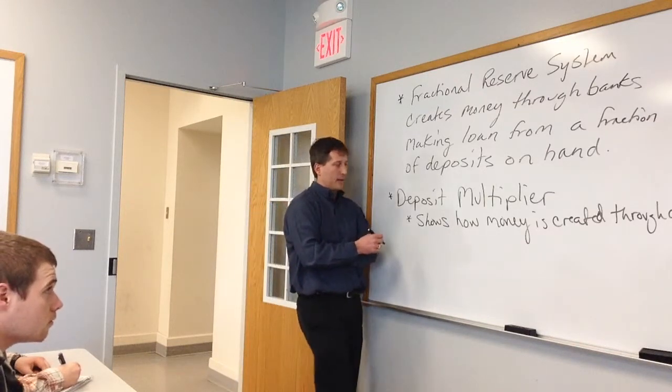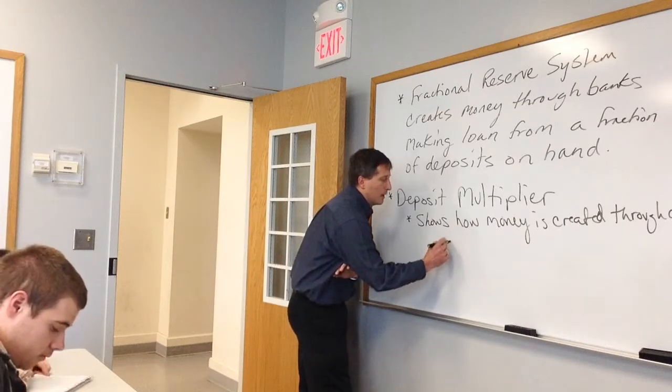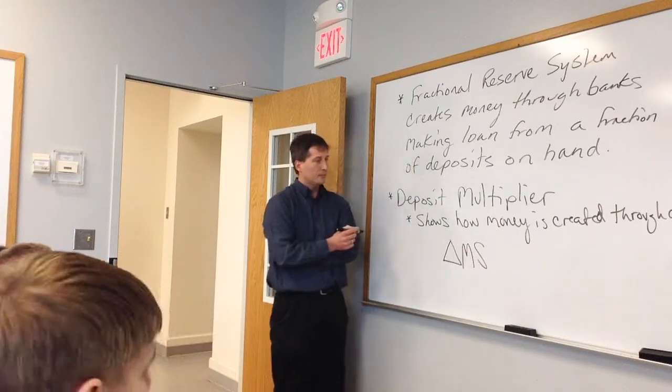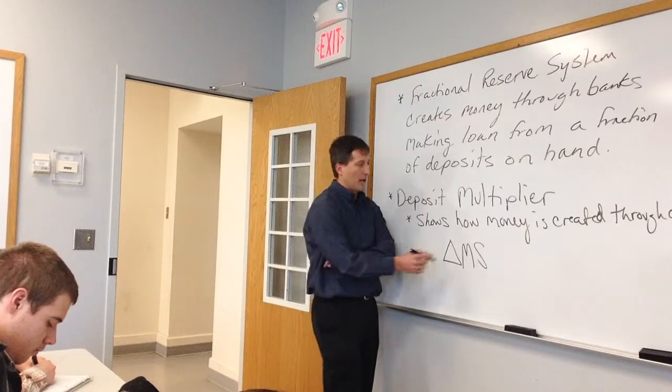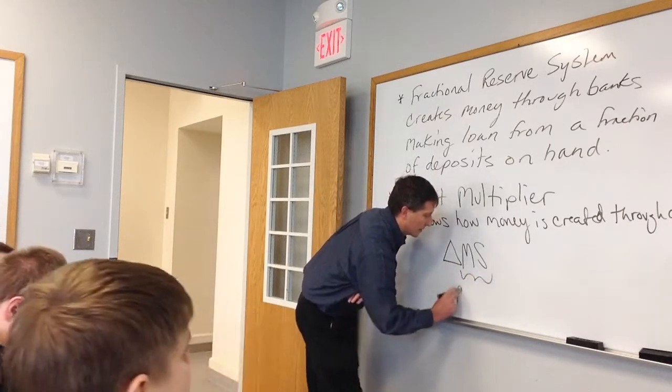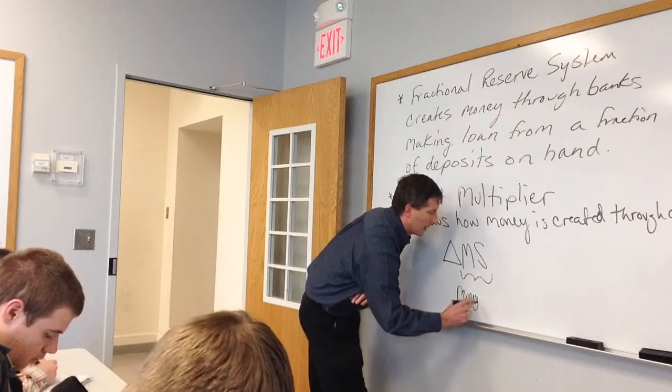All right, I'm just going to give you the formula. The change in the money supply, MS, actually we haven't even totally defined that yet, have we? So let me add that in here. The money supply.